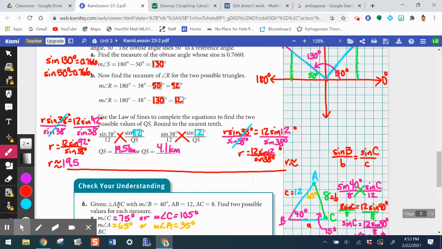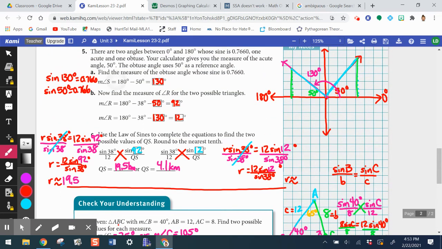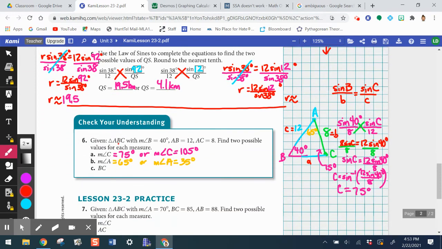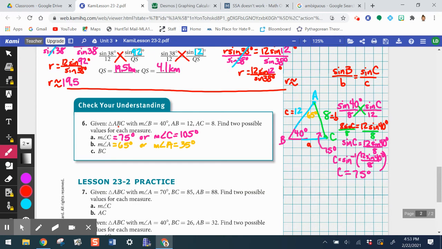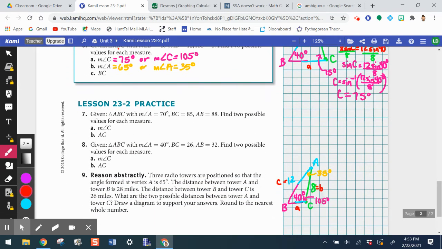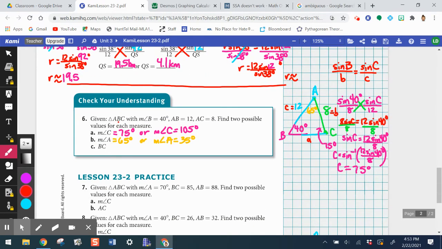But review or recall what we just said back here. There's actually two angles who have the exact same sine. So the sine of 75 degrees is actually equal to the sine of 105 degrees. And just recall how we found that. We just took 180 subtracted from 75 to find this other possible measure for angle C. And so we can prove that if you like.